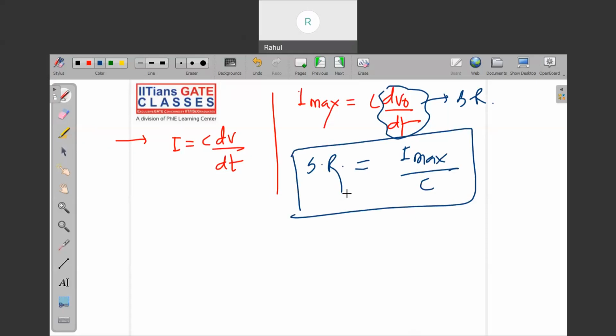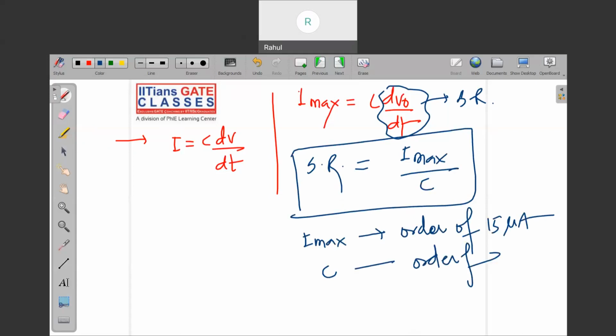Okay. If I talk about the orders, I max is of the order of 15 microampere, and the capacitance is of the order of 30 picofarad. These are approximate values I'm just giving. If I max is 15 microampere and capacitance is 30 picofarad, what will be the slew rate value?